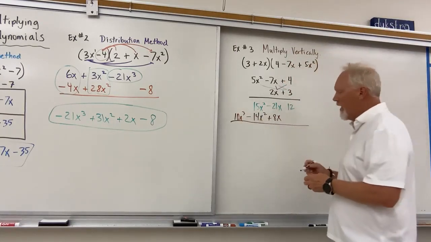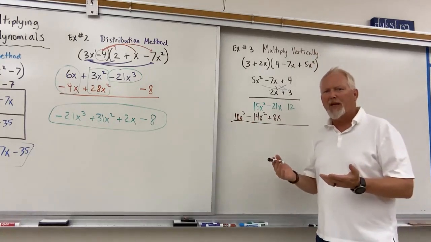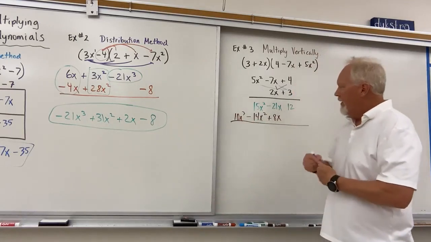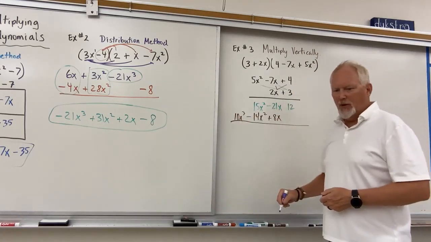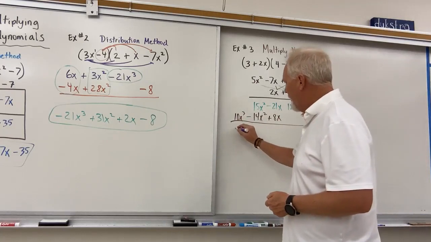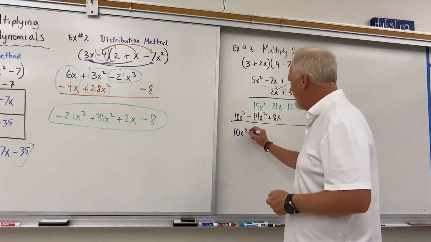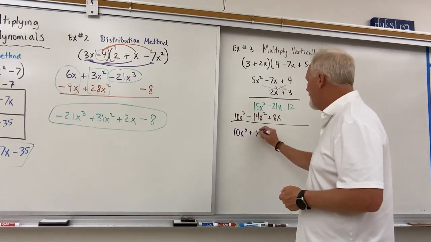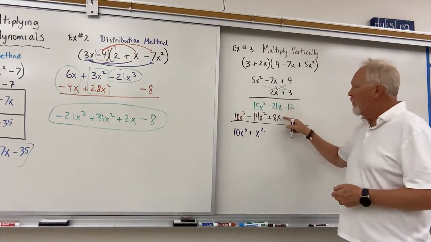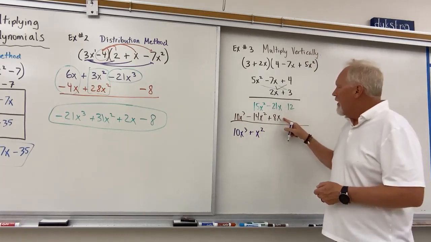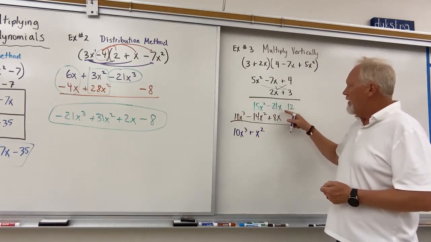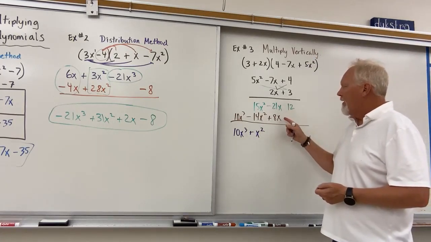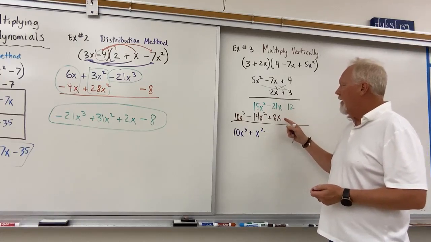I draw my line, and then I'm simply adding like terms. All right, so we start off with, we don't have any other x cubed terms, so we go 10x cubed. And then 15 minus 14 is just x squared. Negative 21 plus 8. If we had negative 21 plus 10, it would be negative 11.